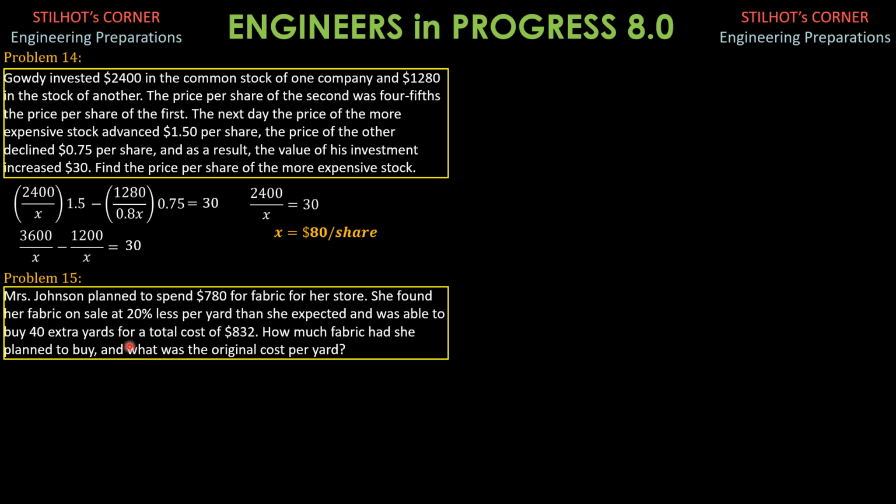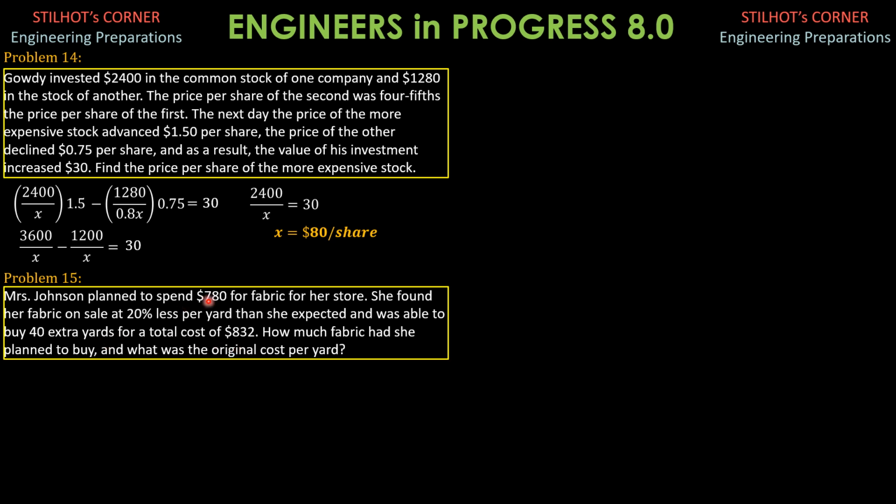Then because she found that her fabric is on sale at 20% less per yard, that means the new price per yard is 80% of the original, and therefore she was able to buy 40 extra yards for a total cost of 832.